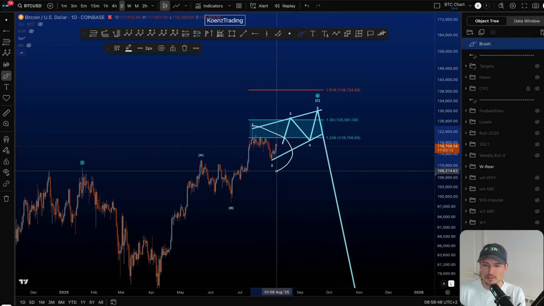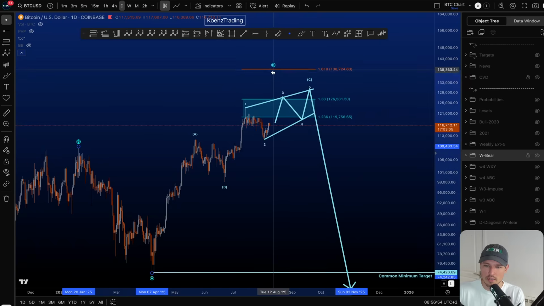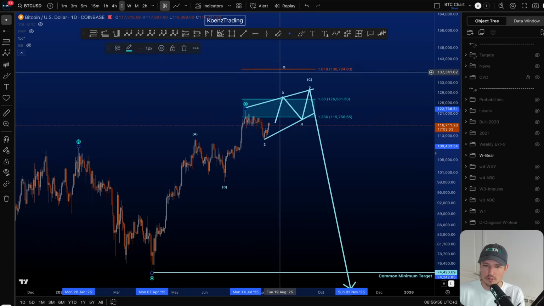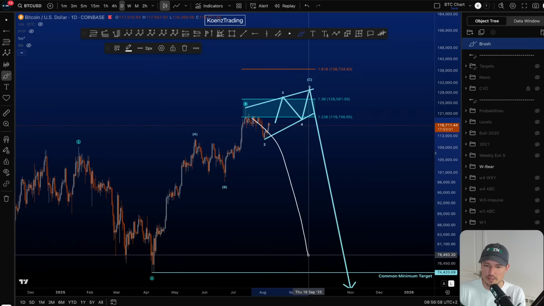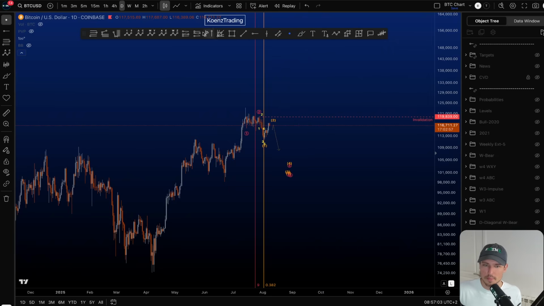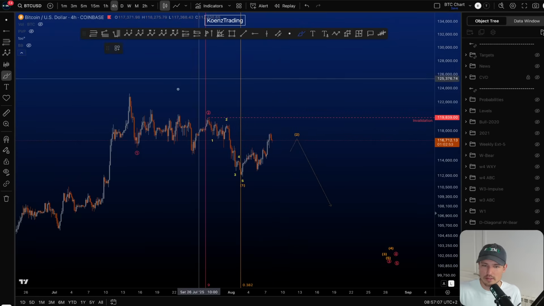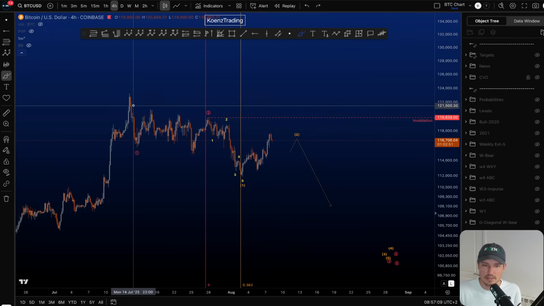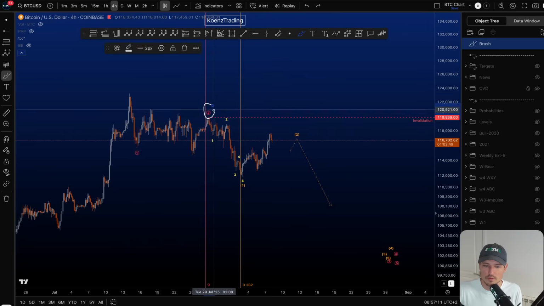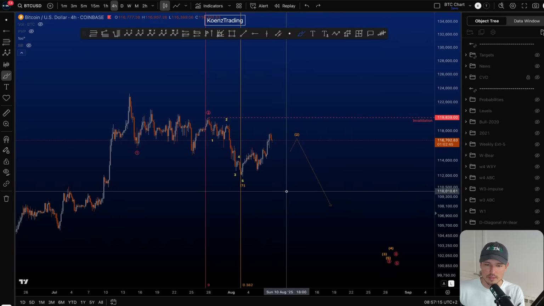This move to the downside here currently counts best as a corrective structure locally, compared to this being a motive wave structure, and therefore I don't like to put wave B at the current all-time high, with this already being a C towards the downside. The reason for this is that if we want to consider a bigger wave C to the downside, and this being the end of a B, this has to be a 1 and a 2, where wave 2 is 9 times longer in time compared to 1, which is incredibly uncommon.